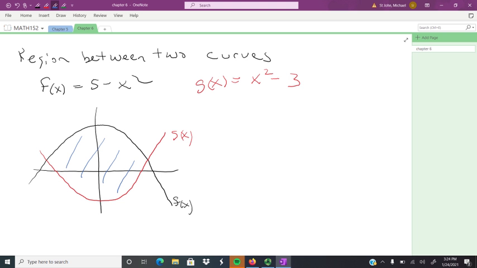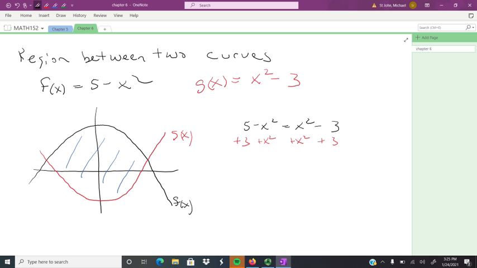So the first thing we need to know is, well, where are those intersection points? So to do that, we take the two equations and we're going to set them equal to each other. And so we're going to add the 3, add the 3, add the x squared, add the x squared.